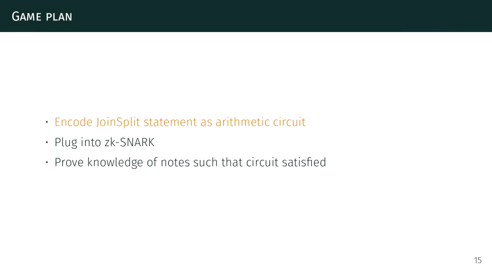You probably have a picture now. Our plan is to encode the join split statement that you've seen in formal equations and such, then turn all those into an arithmetic circuit, plug that into our libsnark, and use it to prove knowledge of the nodes such that the circuit is satisfied.